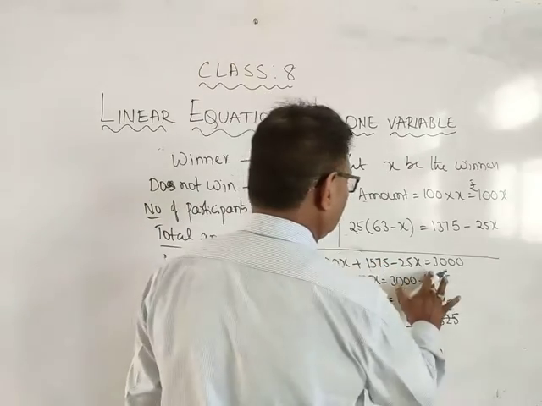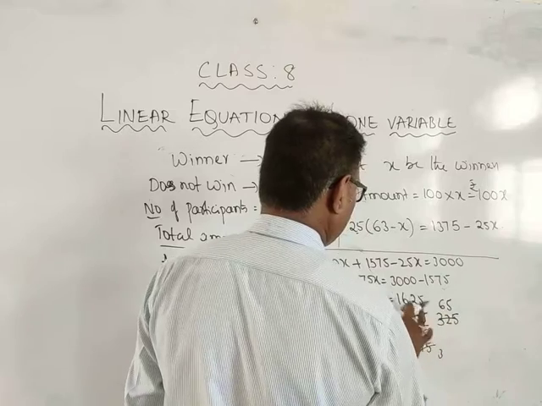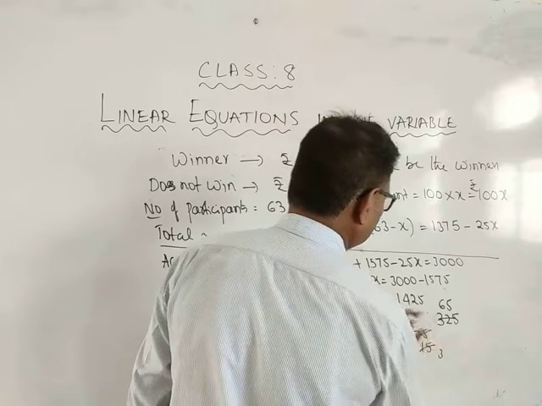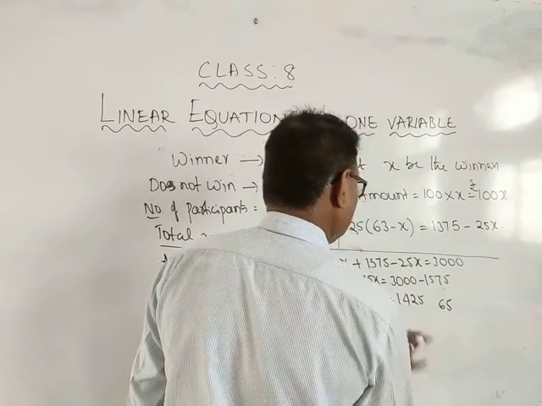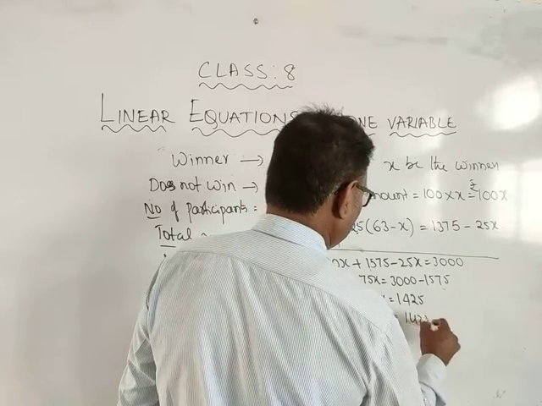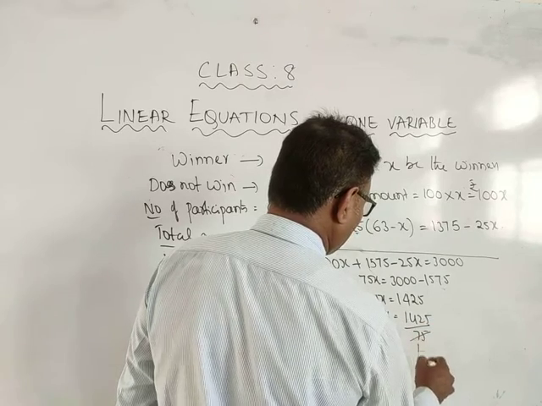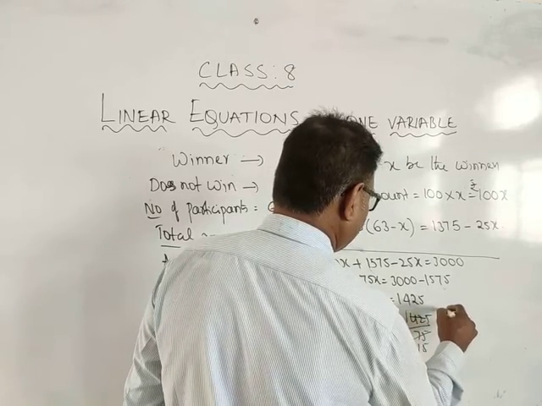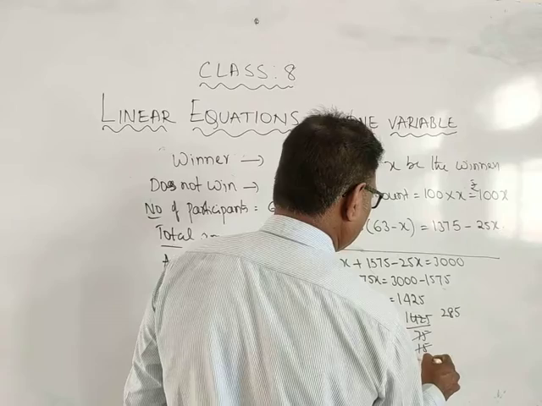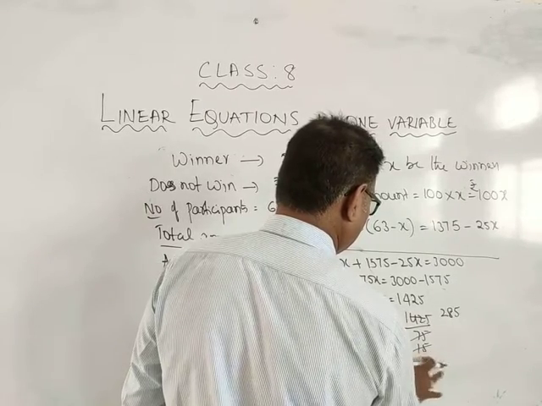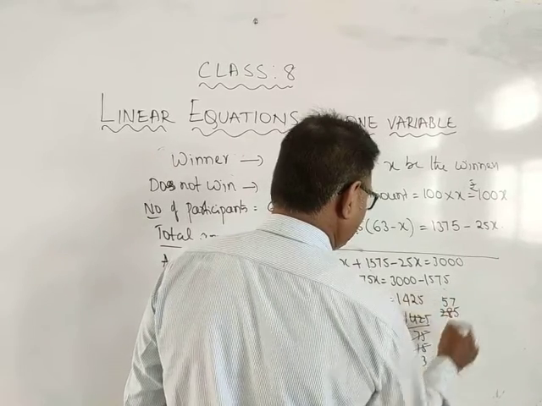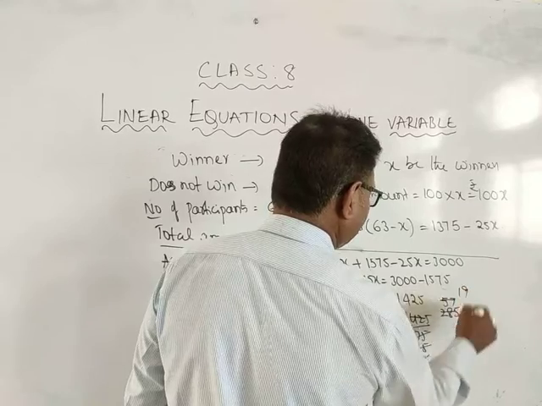Now you can see 1575. So it will become 1425. Therefore 1425 divided by 75. 5 1s are 5, 5 5s are 25, 5 2s are 10, 5 8s are 40, 5 5s are 25, 5 3s are 15, 5 5s are 25, 5 7s are 35, 3 1s, 3 1s, 3 9s, 19.